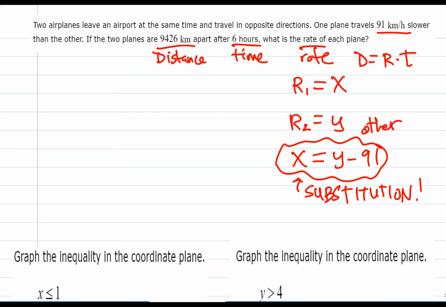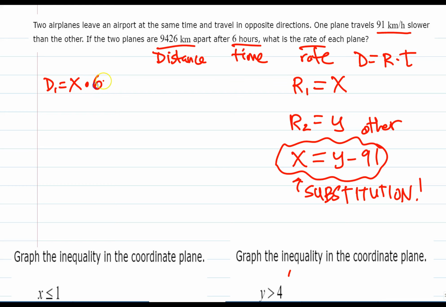Okay, ready for this? Do we know the first plane's distance? Not really, right? Do we know the first plane's rate? Not really, but we called it what? Times. Do we know the time?